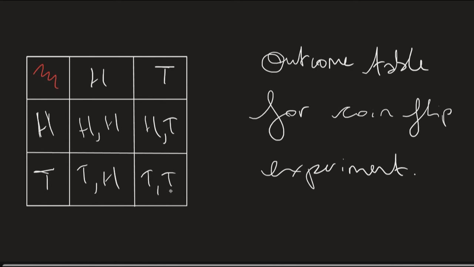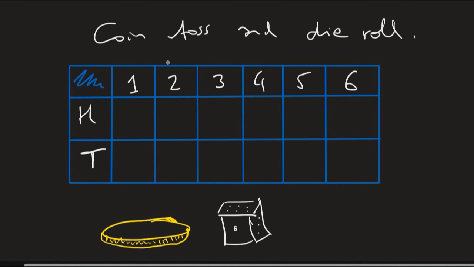So let's look at another quick example. This table here is for a coin toss and a die roll. On the rows we have the possibilities for the outcomes for the coin toss, and then on the columns we have the dice possible outcomes. So one of our possible outcomes will be, say, if the coin is a head, then the next could be either a 1, 2, 3, 4, 5, or 6. Here in this column we have a 1. And then H, 2, H, 3.